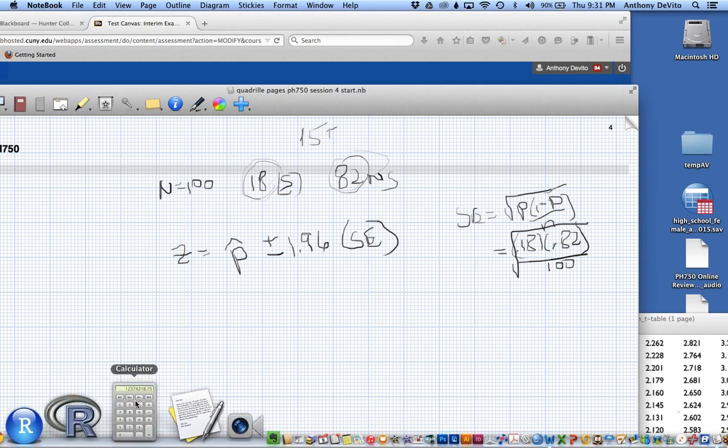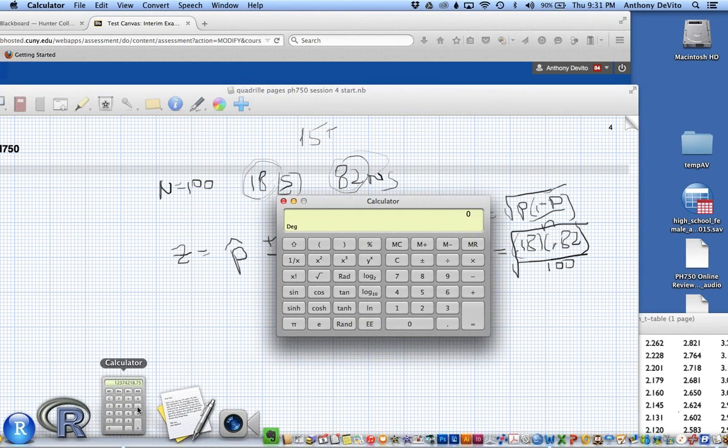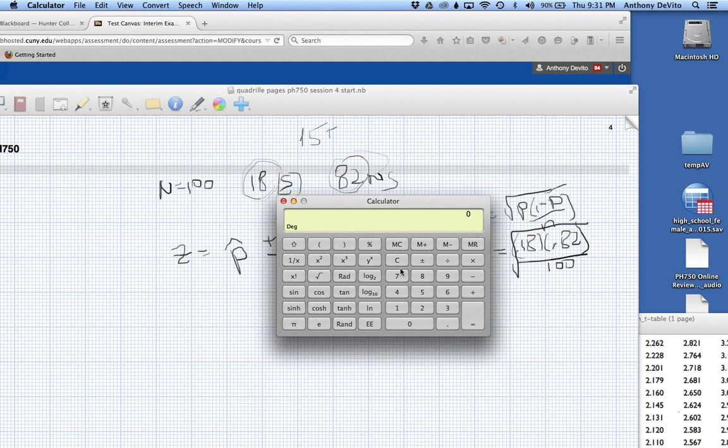So let's get our calculator out and do that step by step. Since this is all divided and multiplied, it doesn't matter which one I do first. So I'm going to do 0.18 times 0.82. I'm going to go ahead and resolve that. It comes out to that, divided by 100. Hope I pressed the right one there. And it comes out to 0.001467.